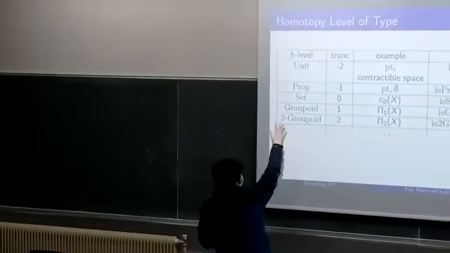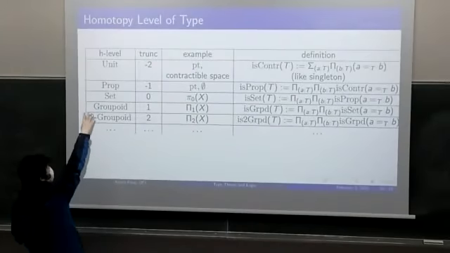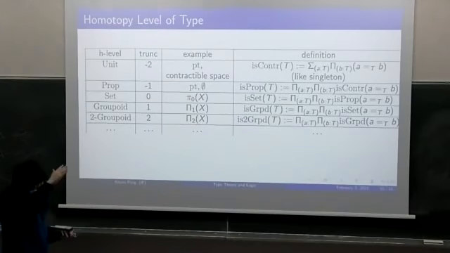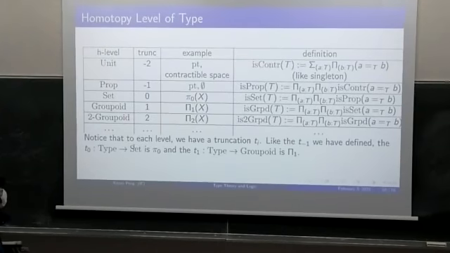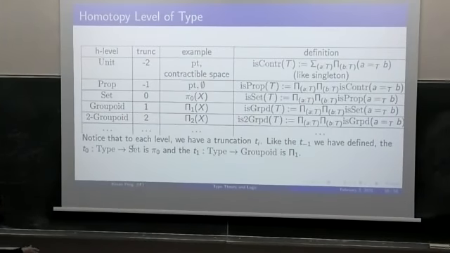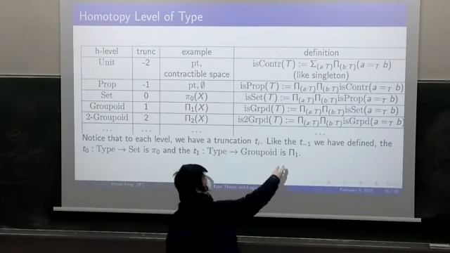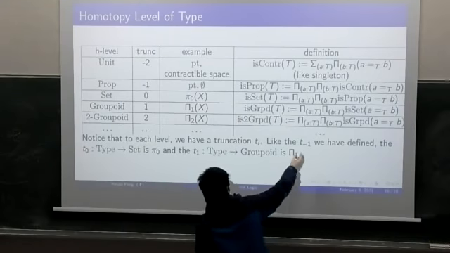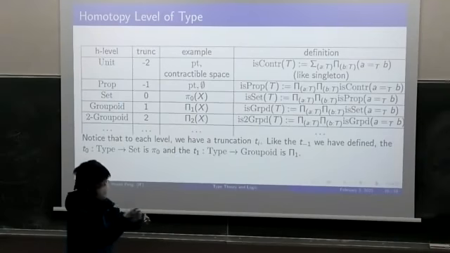All these are kind of subtypes of the type, but there is a hierarchical level of this. As we said, we can define truncation to each level, like the T minus 1. We can force a type to become a proposition. We just shrink it to one point or no point.